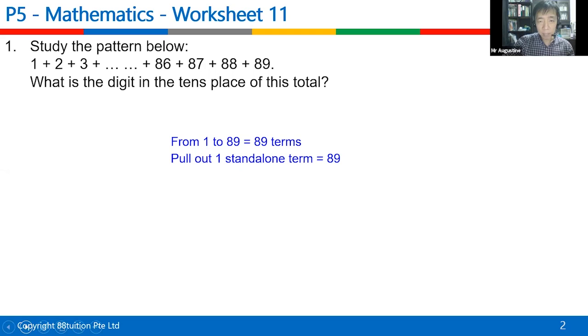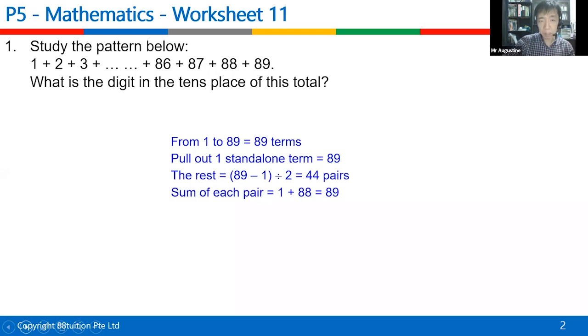So what happens is you pull out the 1 and the standalone term 89. You see that there are a total of 44 pairs and 1 by itself. Each pair will be 88 plus 1, which is 89.